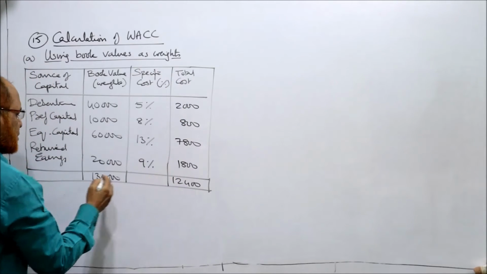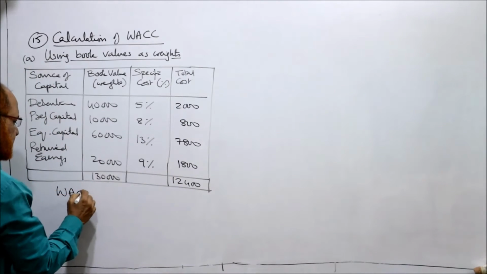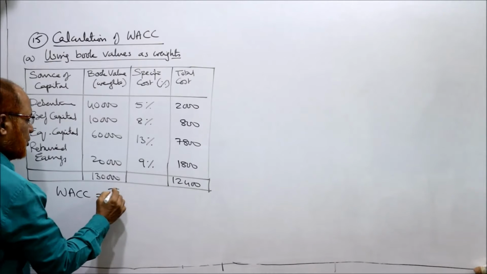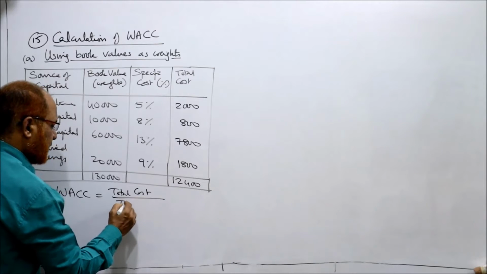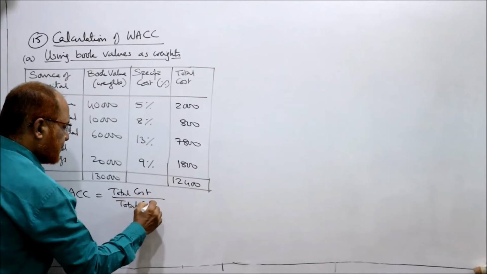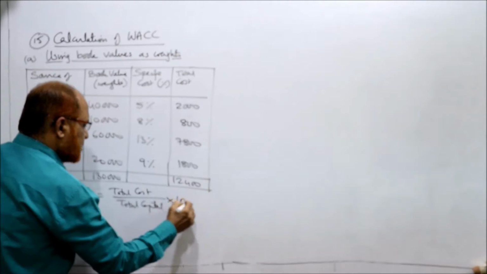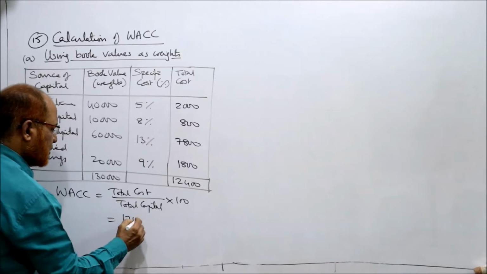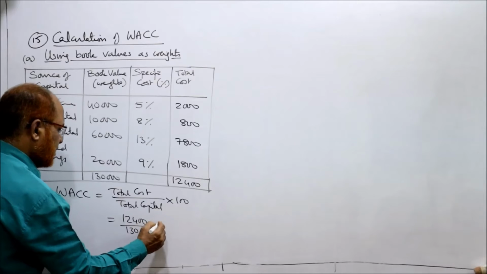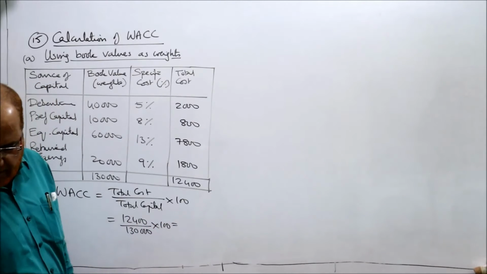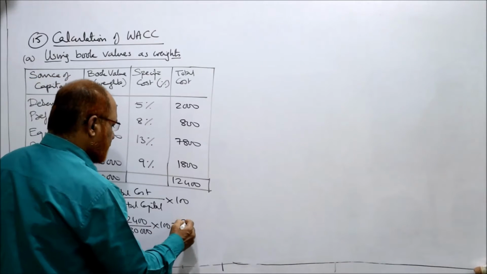The total of the cost. So WACC is equal to total cost divided by total capital into 100. That will be 12,400 divided by 1,30,000 into 100. You will get 9.54%.